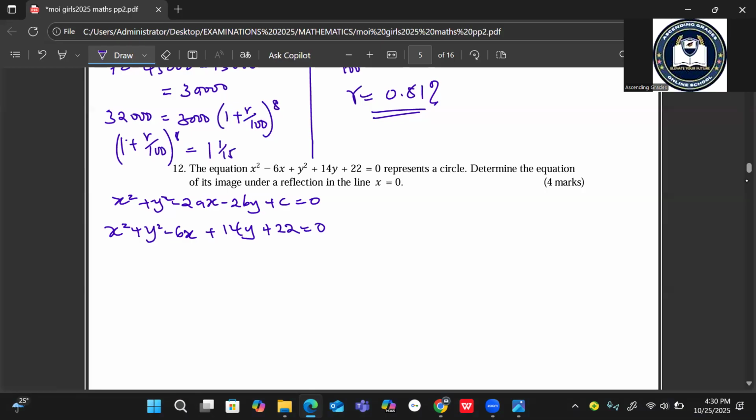So we are going to have negative 2a x being equal to negative 6x.